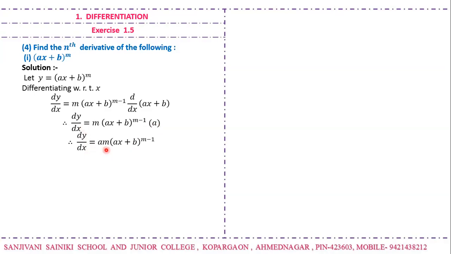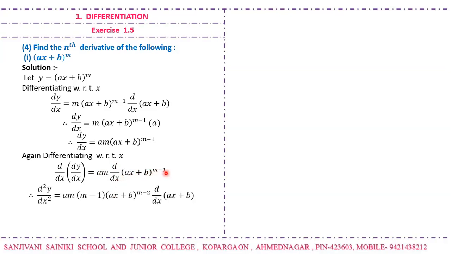So dy by dx is a m (ax plus b) raised to m minus 1. Now we will again differentiate this function with respect to x. So now am is a constant, so we can take it outside. Then you have to find the derivative of (ax plus b) raised to m minus 1.